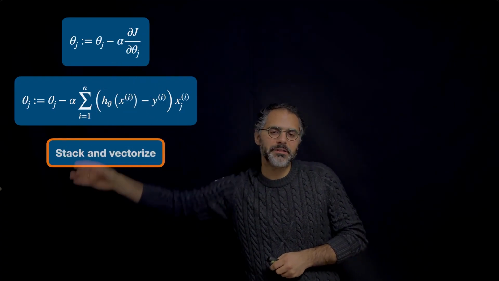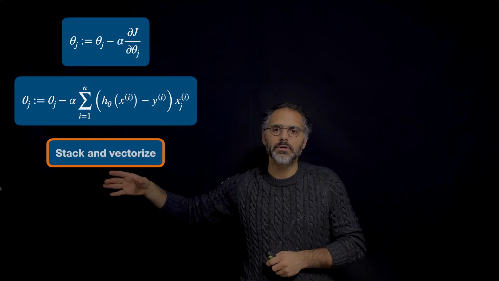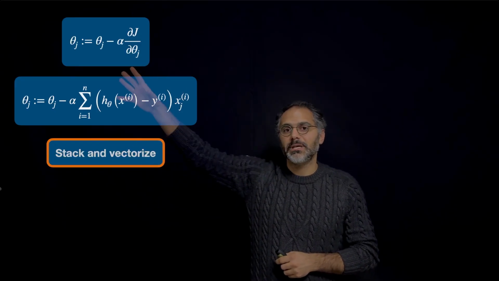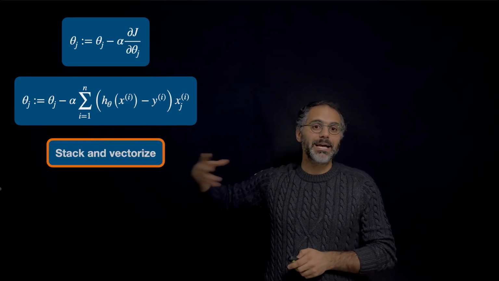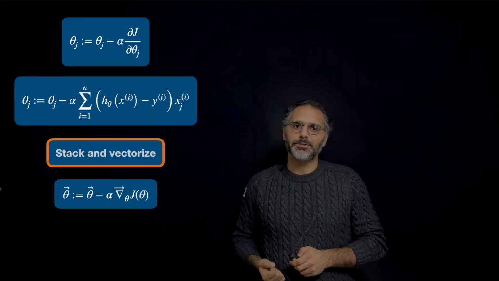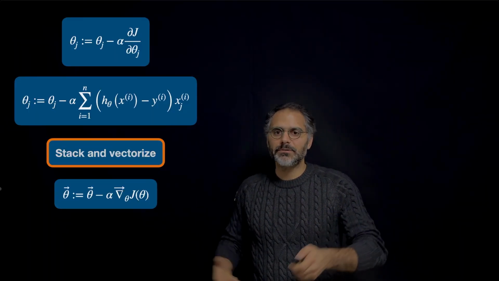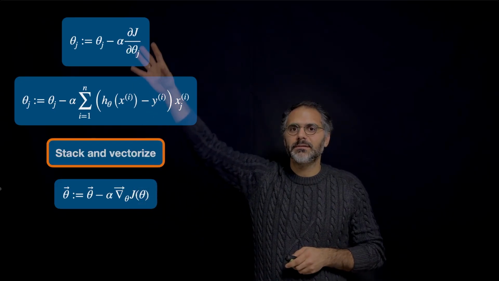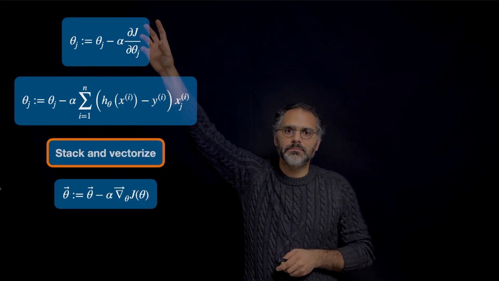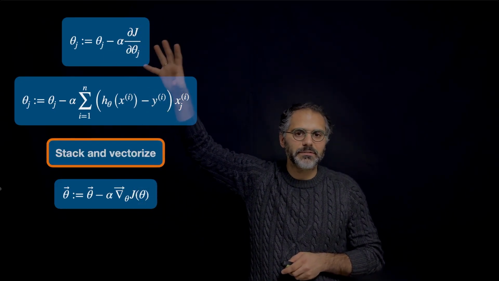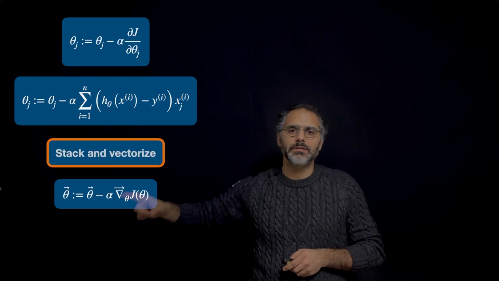You can stack all the thetas, theta 0, theta 1, theta 2, into a vector. And so you can stack all of these equations, and you'll end up with this expression that we had before. So write it down and convince yourself that when you stack these partial derivatives with each other, you actually get this gradient, nabla of J.